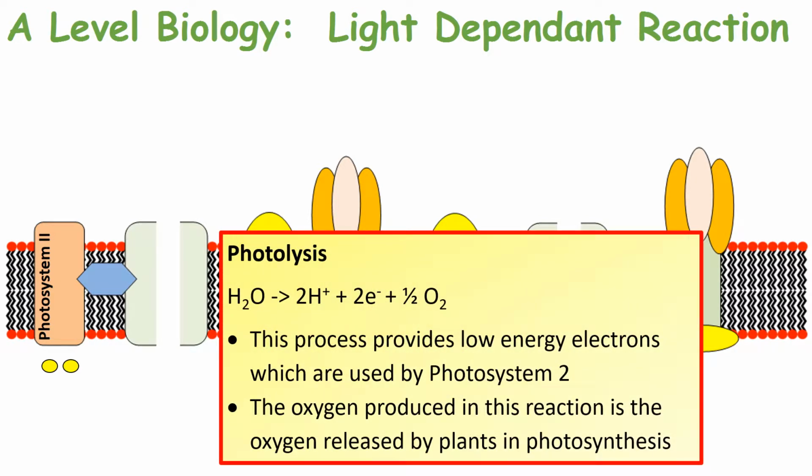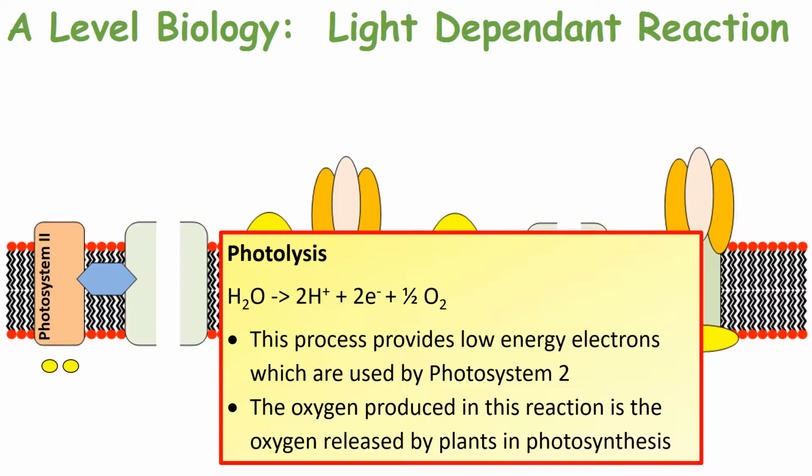The first stage in light-dependent photosynthesis that we need to think about is how two electrons are generated that enter photosystem 2. This is done using a process called photolysis.